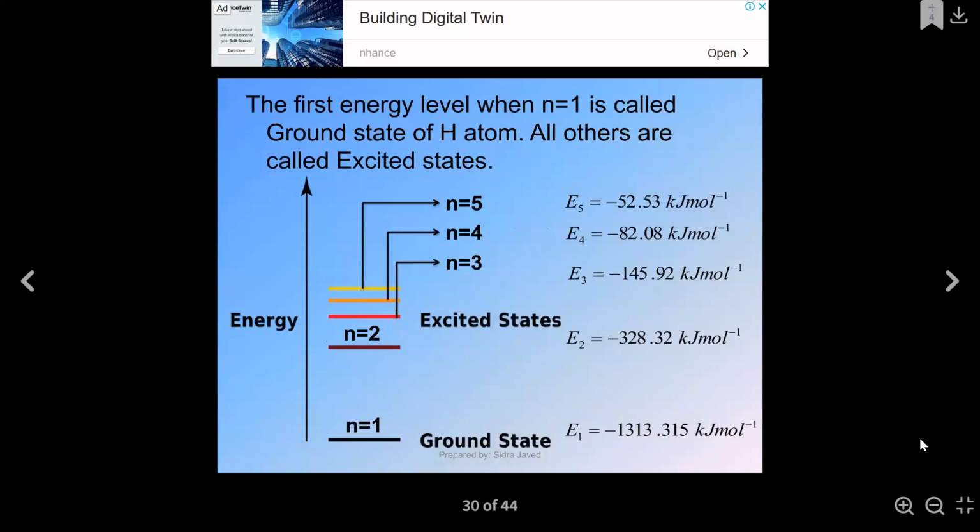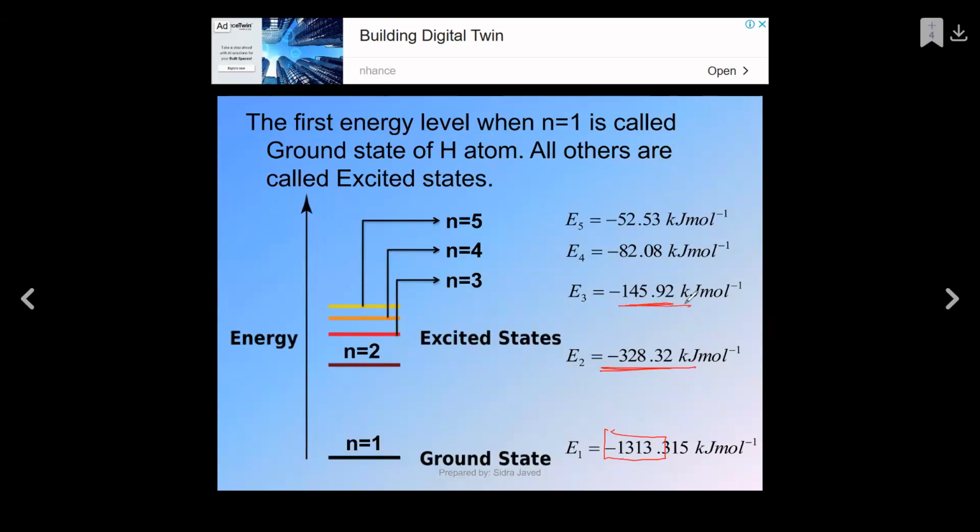Now these are the energies, if you remember, for the first shell, second shell, third shell, fourth shell and fifth shell. So I told you the different energy shells have some definite, what other word did I use?